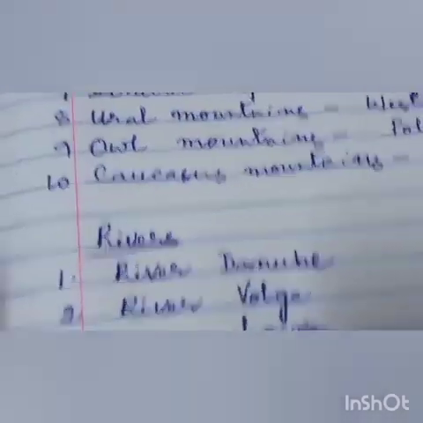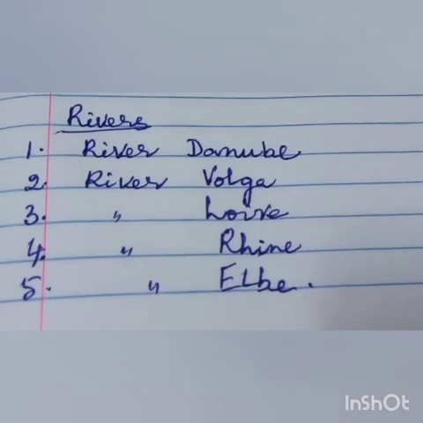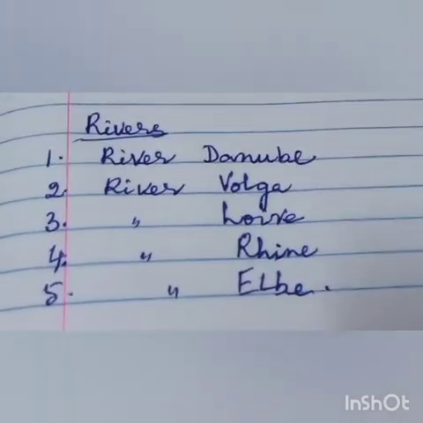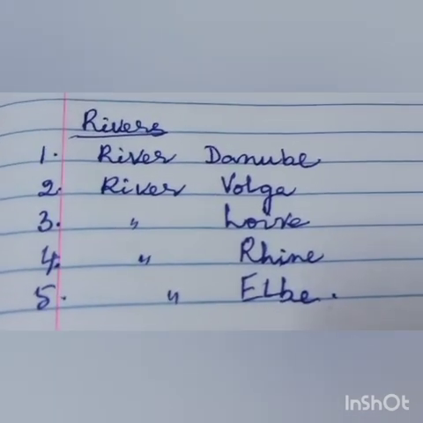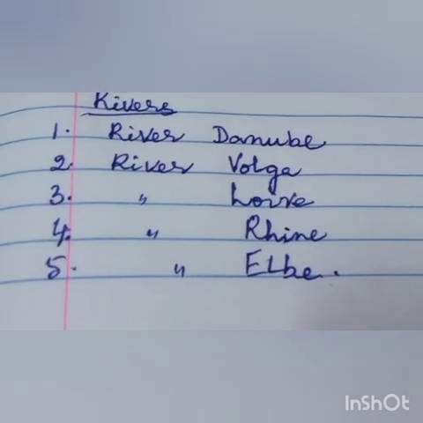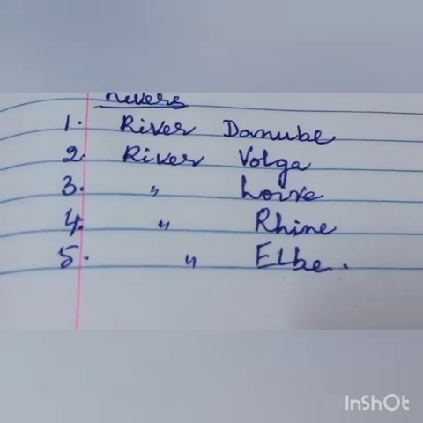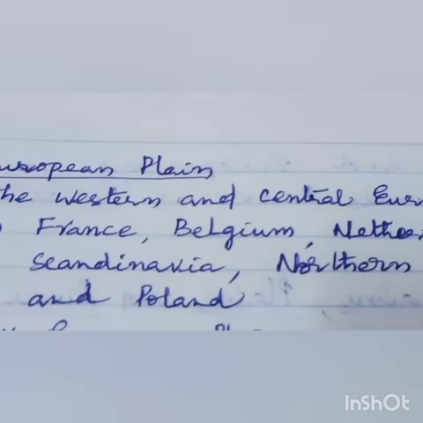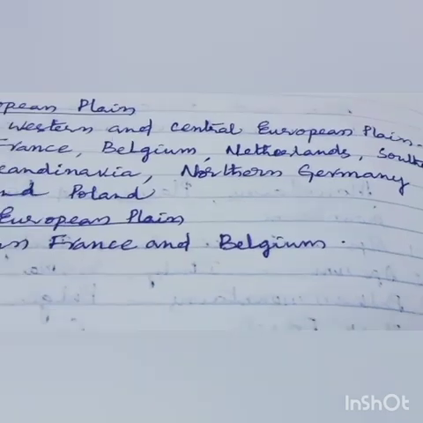And if we move to rivers, the 5 major rivers of this European continent are the River Danube, River Volga, River Loire, River Rhine, and River Elbe. And some plains of Europe. The western and central European plains consist of France, Belgium, Netherlands, southern Scandinavia, northern Germany and Poland.